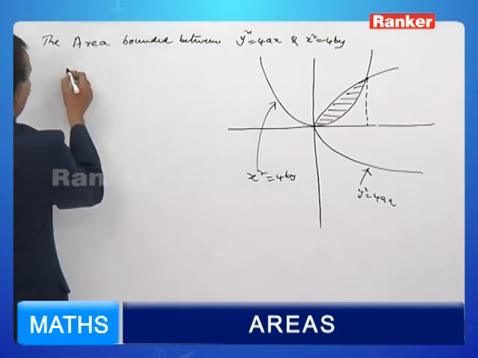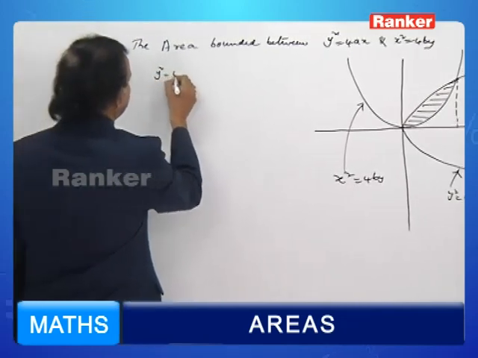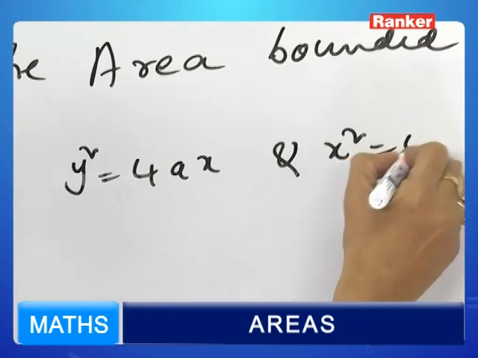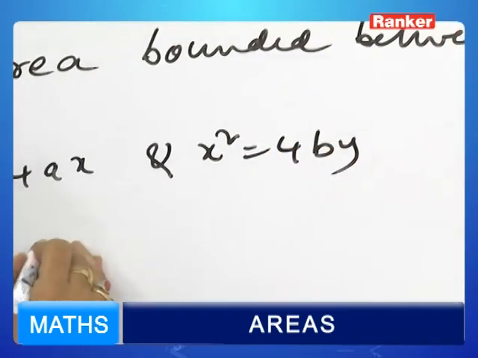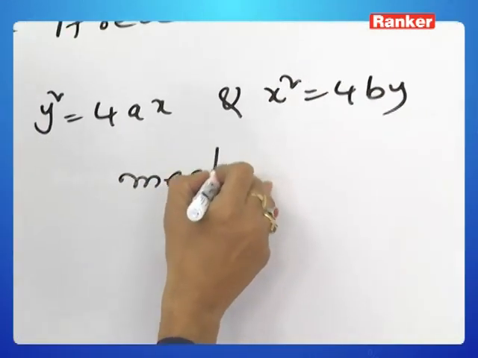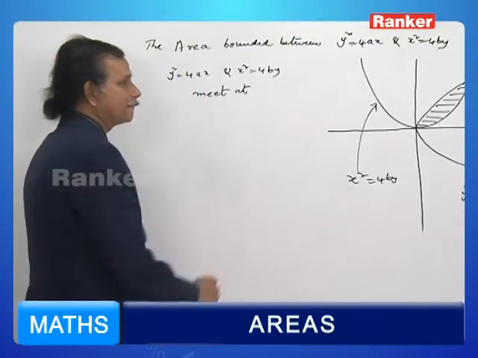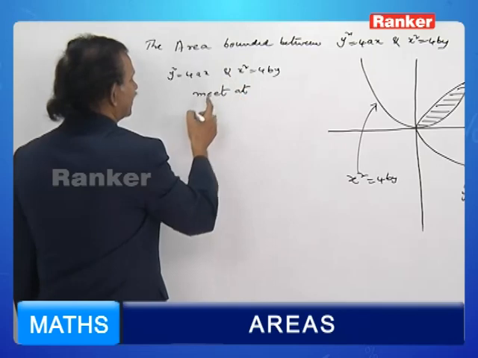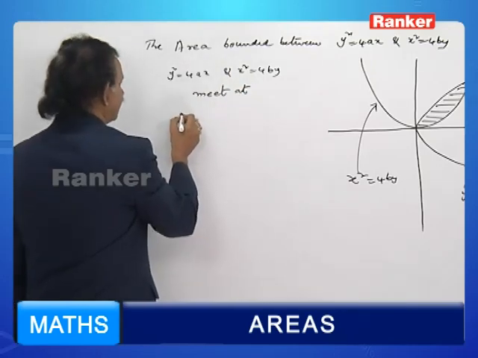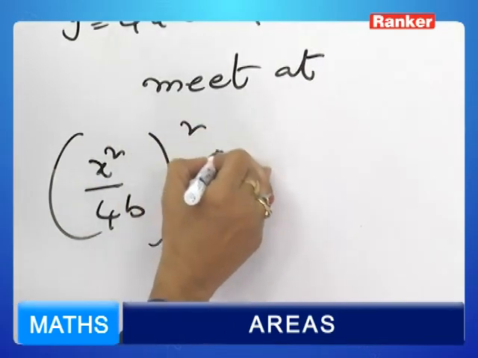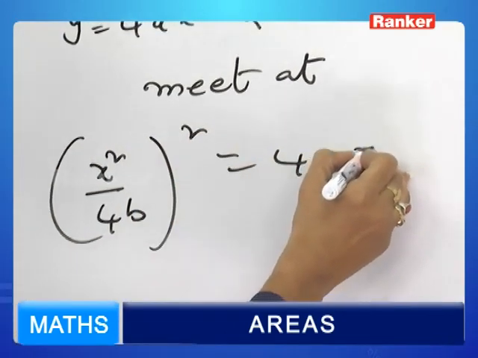How? Y square is equal to 4ax and x square is equal to 4by meet at... From this, y is equal to x square by 4b, isn't it? X square by 4b whole square is equal to 4ax.